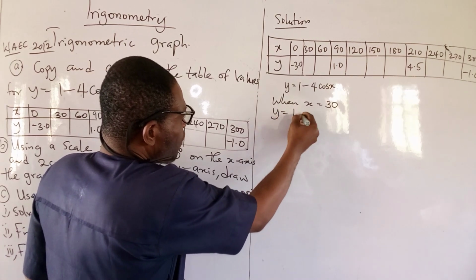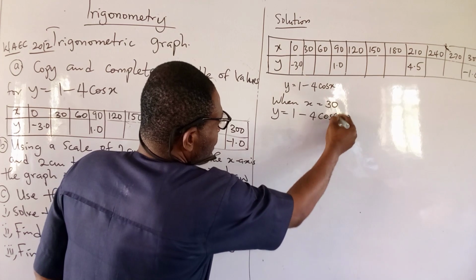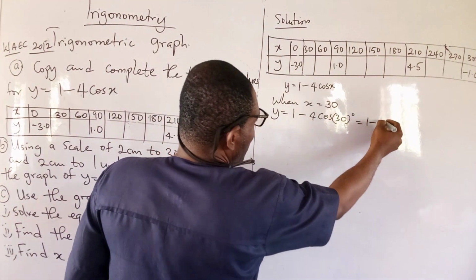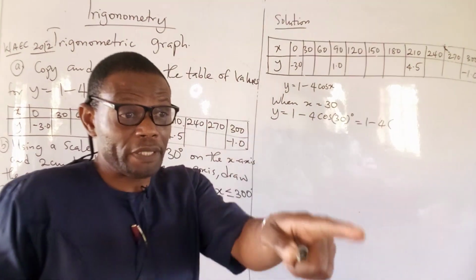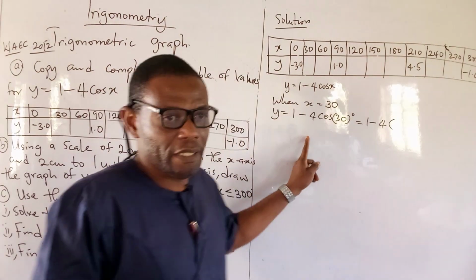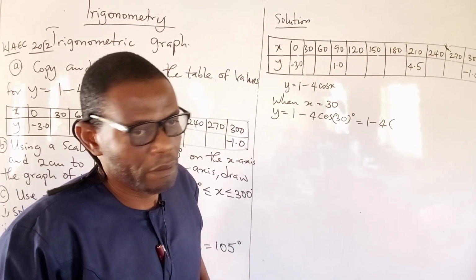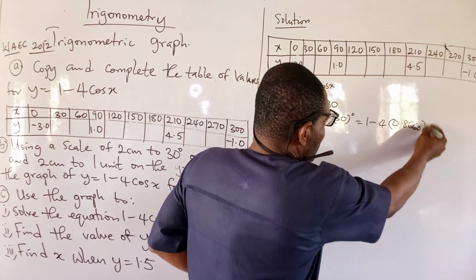y is equal to 1 minus 4 cos 30 degrees. Cos 30 is 0.8660.